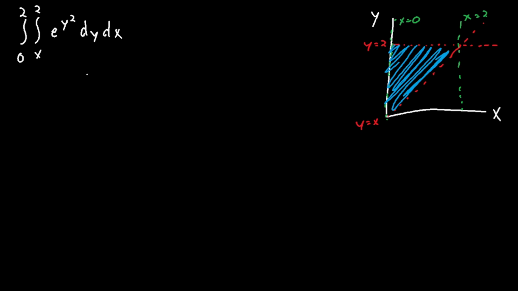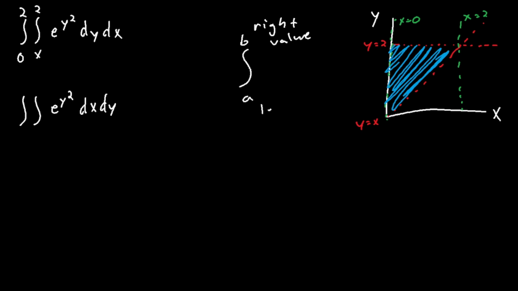Now that we have that out of the way, we can switch our order of integration. How can we do that? Well, you want some values of your double integral over some region. Let's call it R. And we want to switch it so we integrate with respect to x first. How do you do that? When you integrate with respect to x, the top bound, bound b, is the rightmost value, and the bottom bound, a, is the left value.